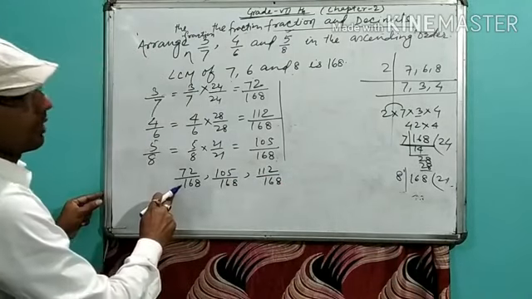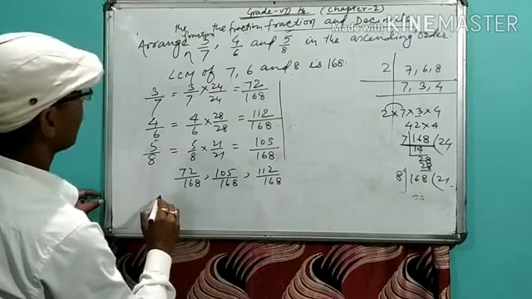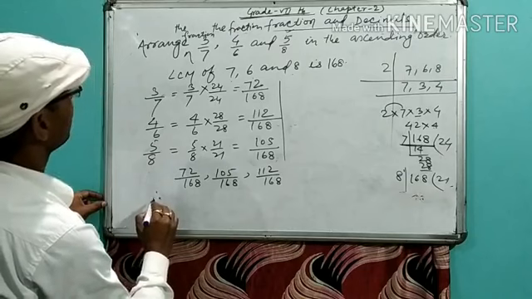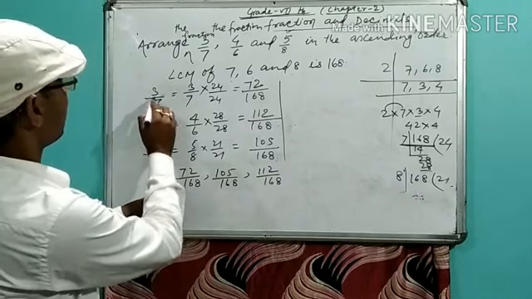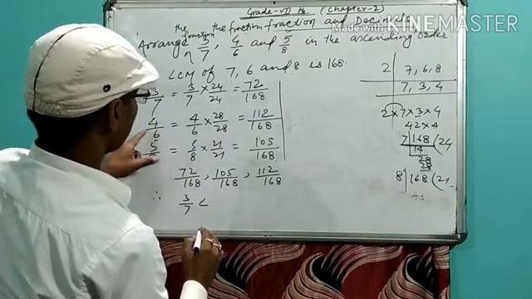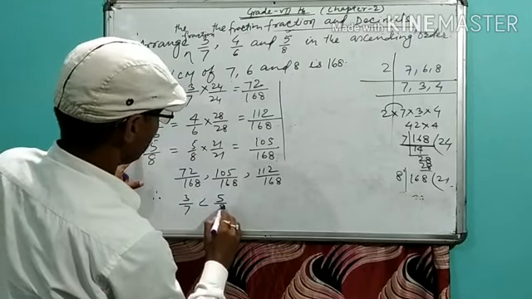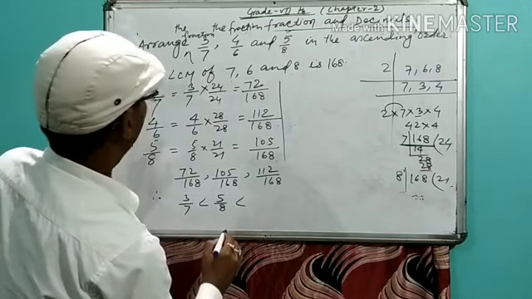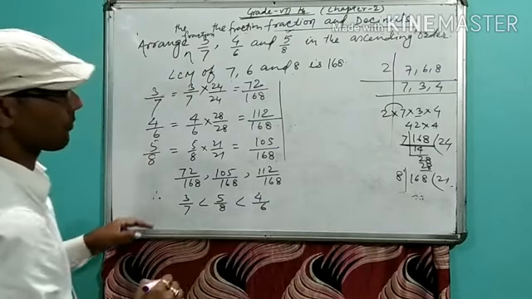These are in the form of smallest to greatest. Therefore, 72 by 168 is 3 by 7. Then this 5 by 8. Then 4 by 6.